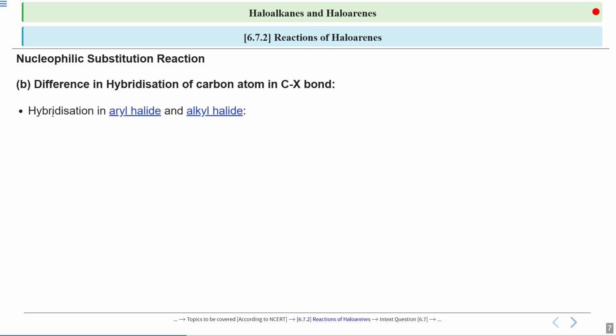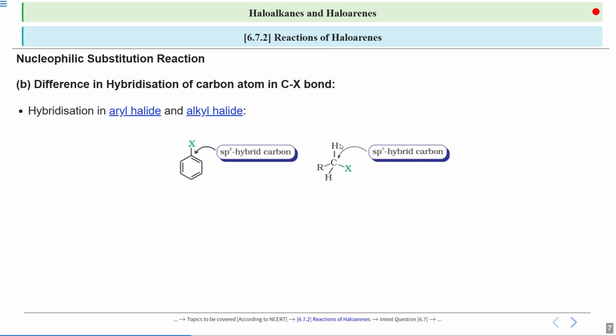You can see in this diagram, we have this aryl halide, halogen connecting with the benzene ring. The carbon here is an sp2 hybrid carbon. Okay, so the hybridization of this carbon is sp2. Meanwhile, in the alkyl halide, the carbon at which the halogen is present has sp3 hybridization. So this is an sp3 hybrid carbon.